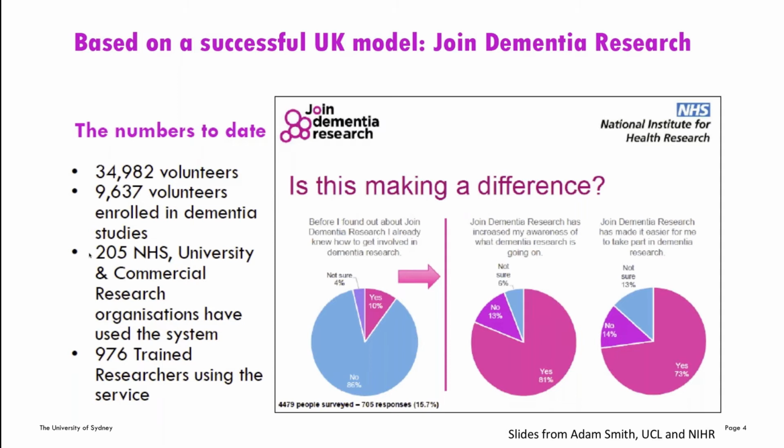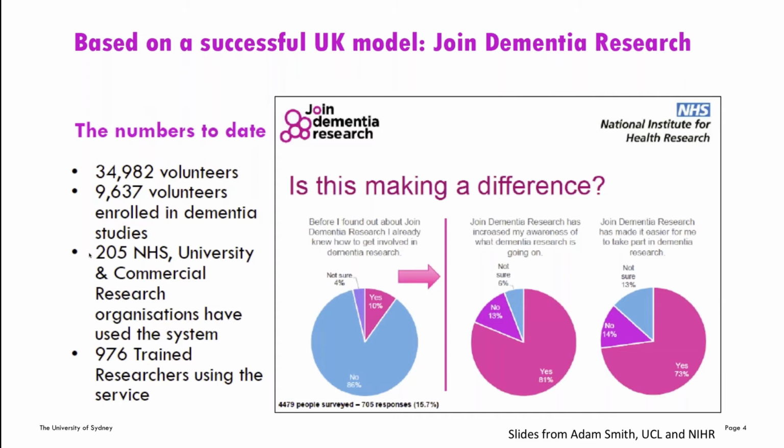The numbers you see on the slides are a bit 6 months old. What I'm hearing now is there are over 36,000 volunteers, meaning members of the public who have registered to express their interest in dementia research. Recently they marked 10,000 volunteers actually participating in studies.